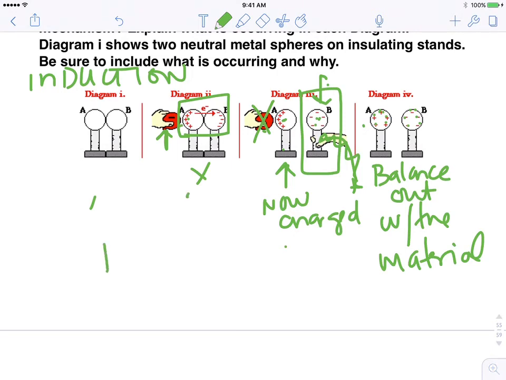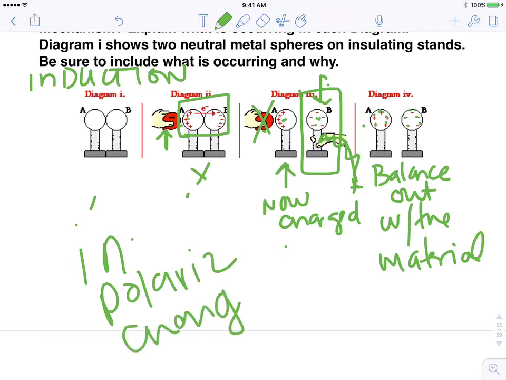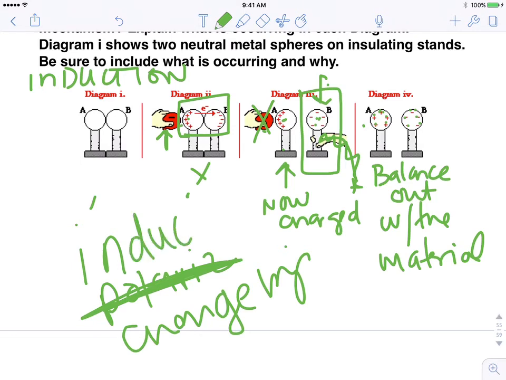Is it induction? Is it polarization? Is it charge by contact? I probably wouldn't say polarization here because that is what's happening, but it's being induced. Charge by induction is what's happening.